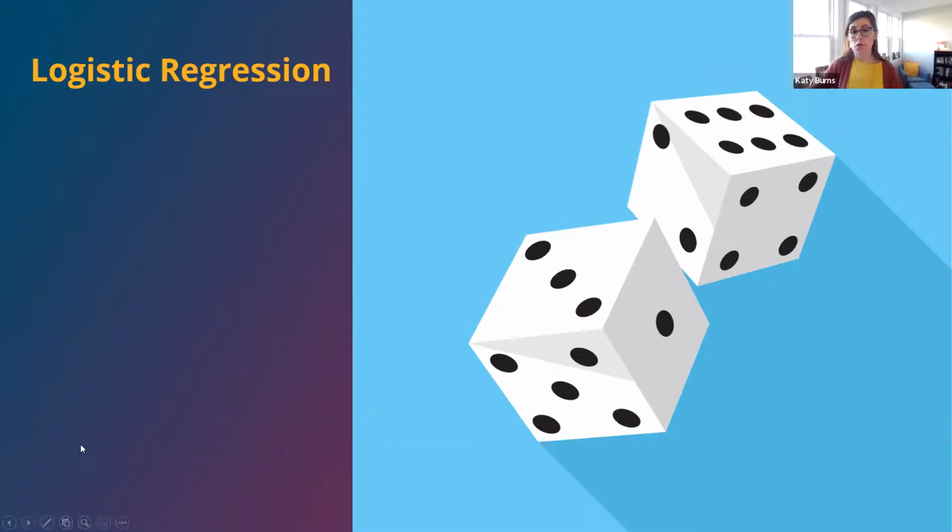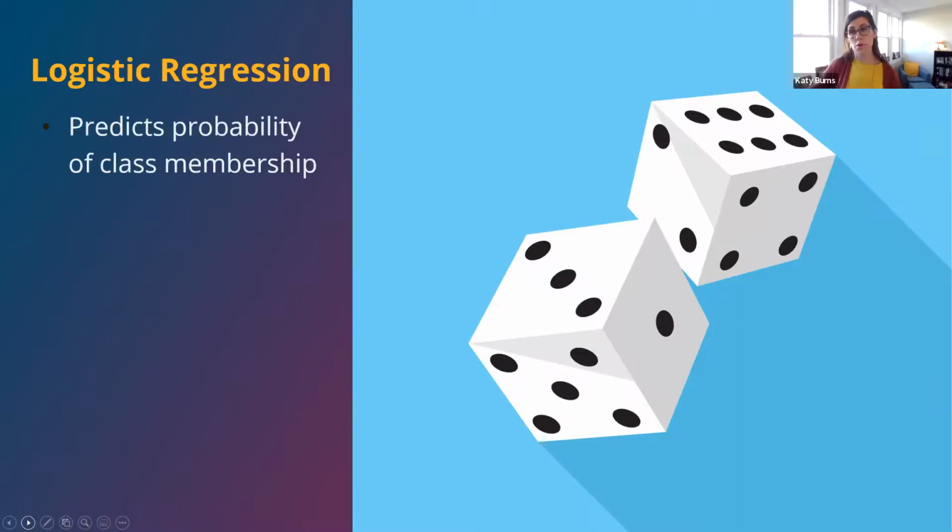So this is a great method to leverage when you want to predict the probability of class membership. And again, in our case, we want to predict if a member is likely to churn or to renew. This is what's called a parametric model, which means it's based upon a fixed set of parameters. No matter how much data you throw at a parametric model, it won't change its mind about how many parameters it needs.